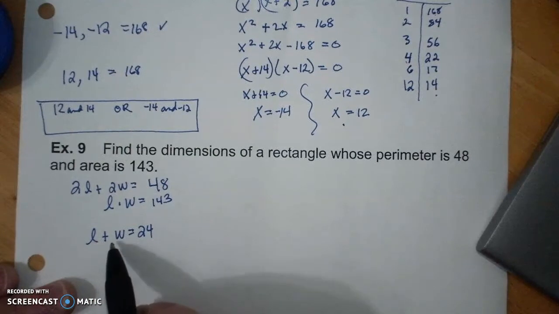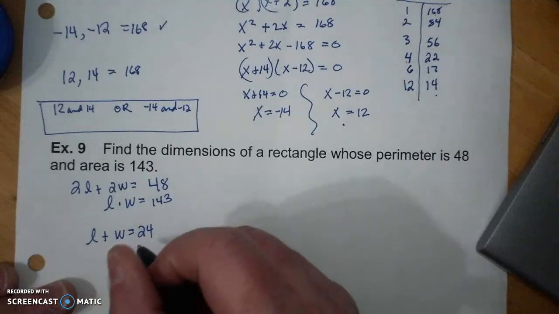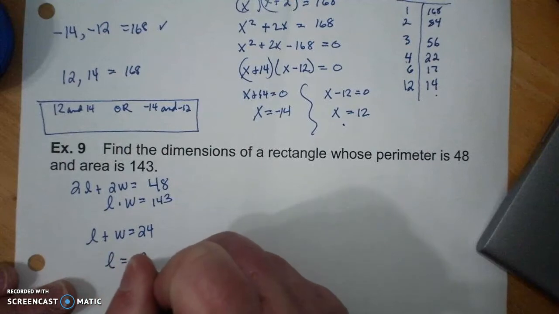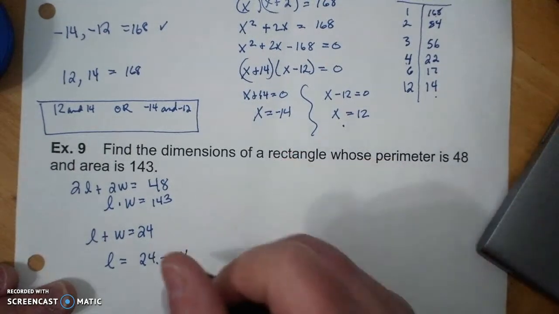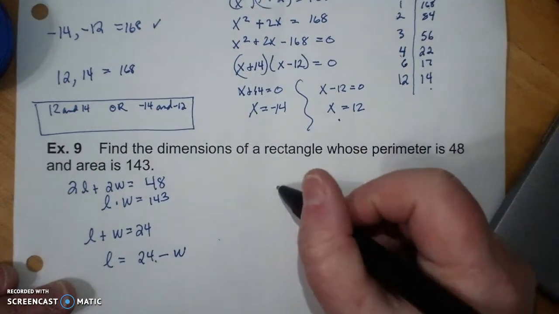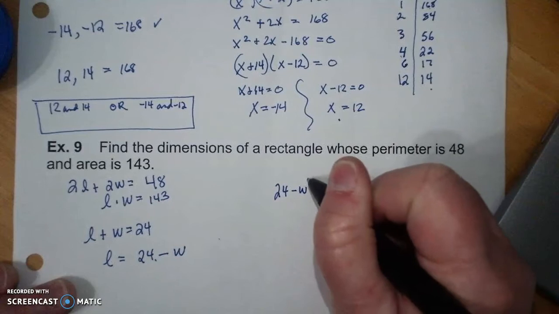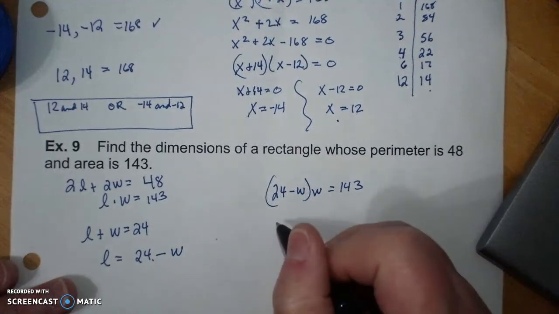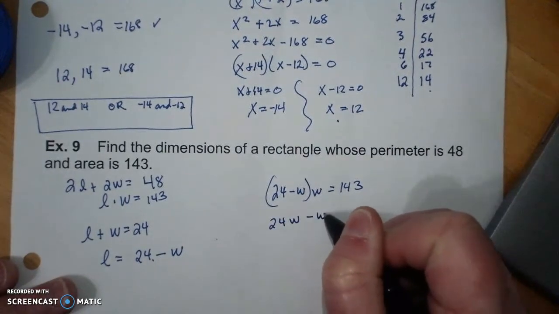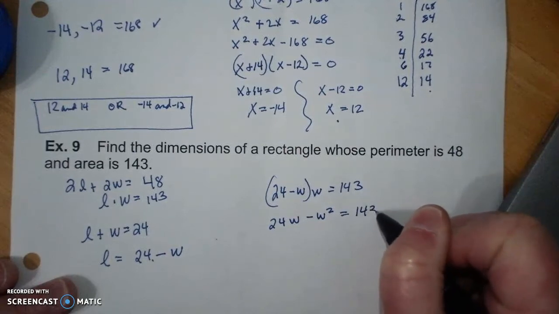I'm going to subtract W from each side. So I get L equals 24 minus W. And now I'm going to plug this into here. So I get 24 minus W times W equals 143, which is 24W minus W squared equals 143.